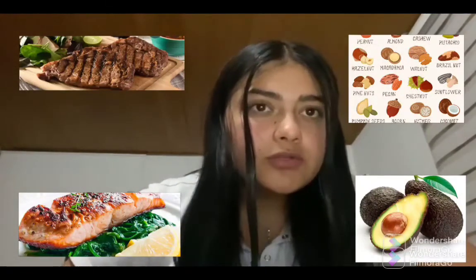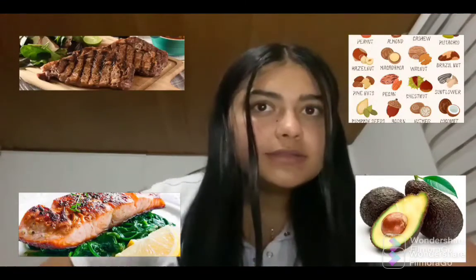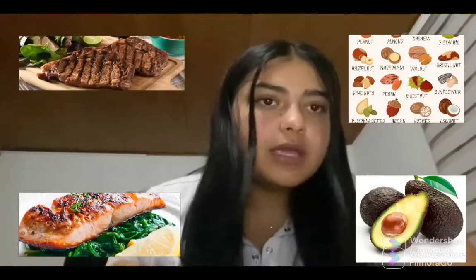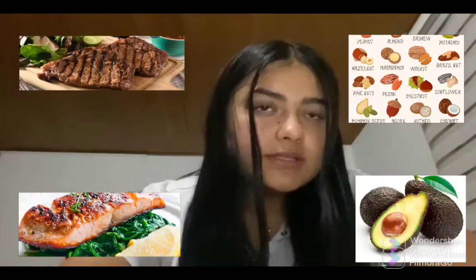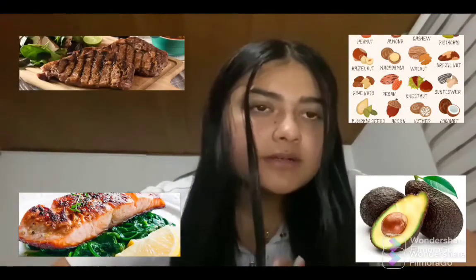The oils people usually consume are canola, corn, olive, peanut, safflower, soy, and sunflower oil. The foods that are rich in oils include salad dressing, olives, avocados, peanut butter, nuts, seeds, and some fish.